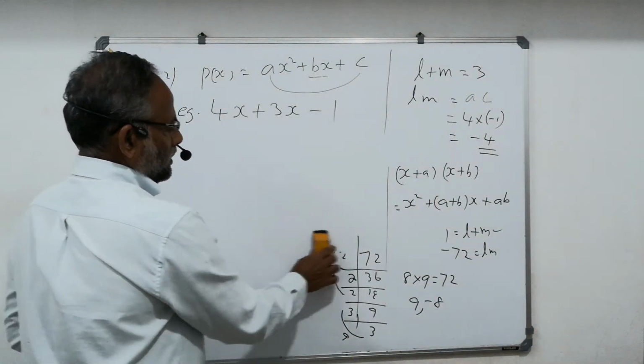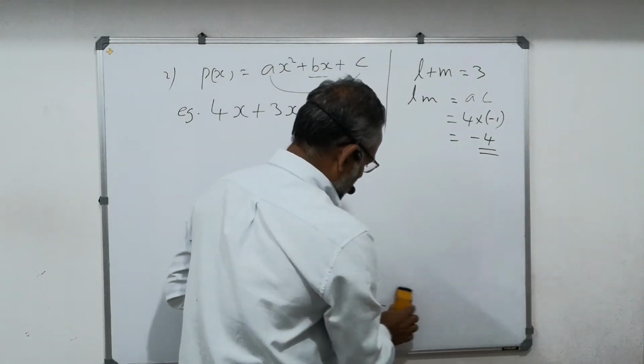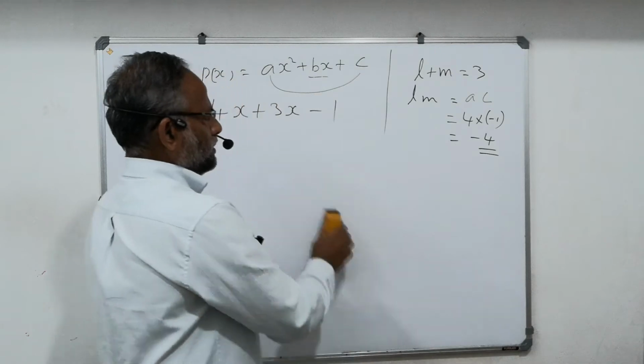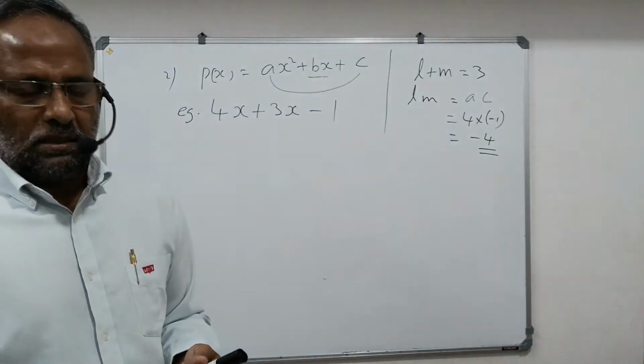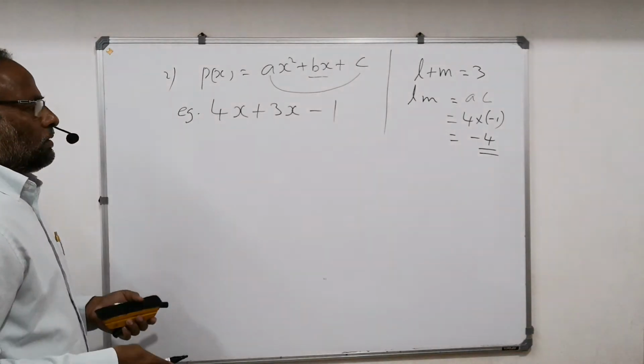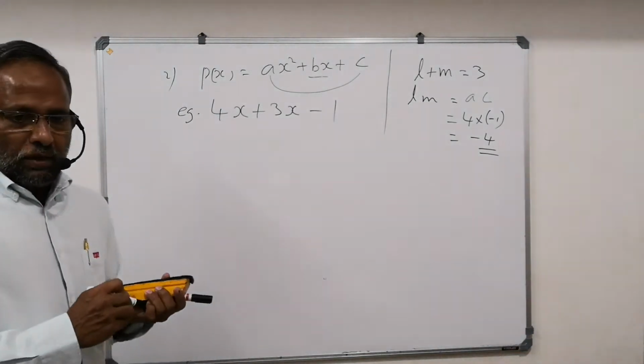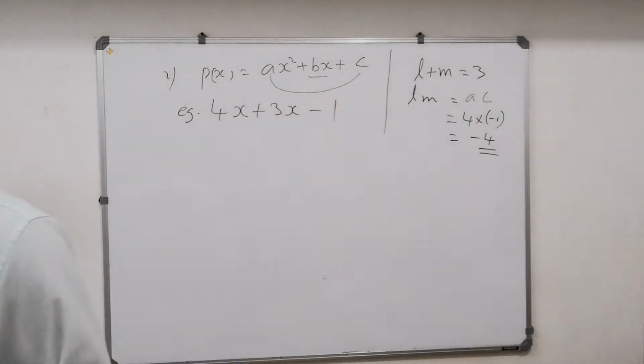Here what to do? Is any shortcut there? As I told you, shortcut is not a wrong cut. So we can think about any method, many things are there. Okay, fine. Now, 4x plus 3x minus 1. What are you doing? Splitting the middle term. What is the middle term? Tell me.